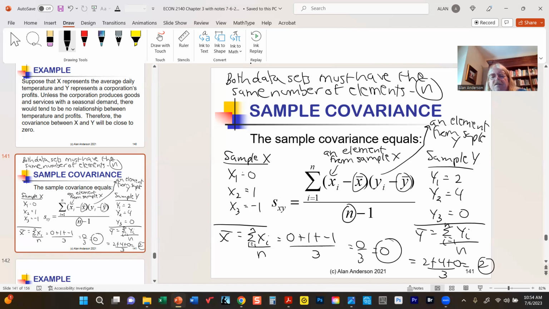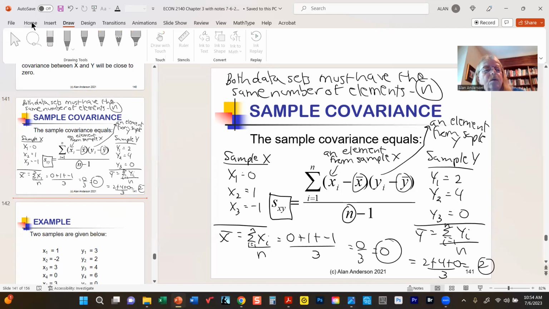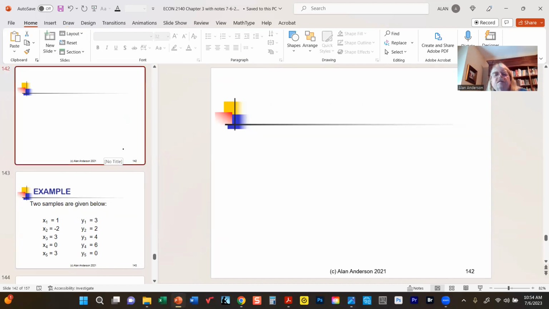Now, here's the only new thing we have to think about. You recall that earlier we saw S, plain old S, was used to represent the sample standard deviation. So we have to introduce some new notation now. So S is the sample standard deviation.